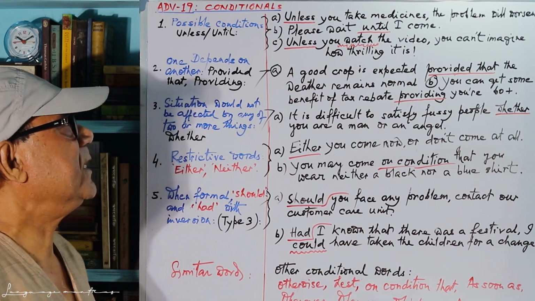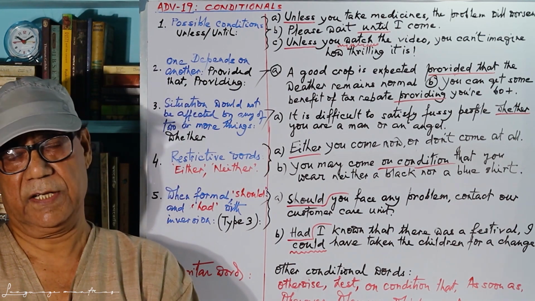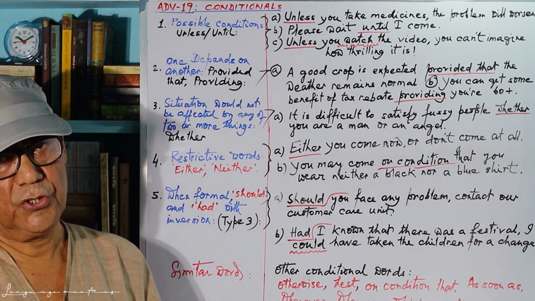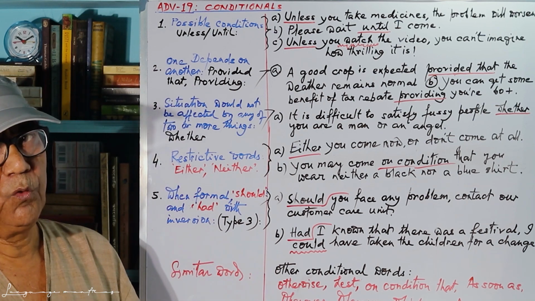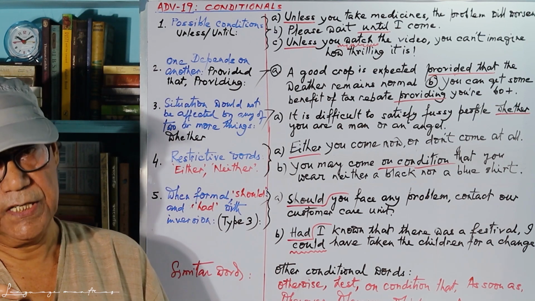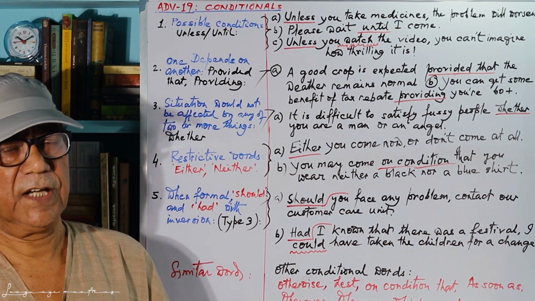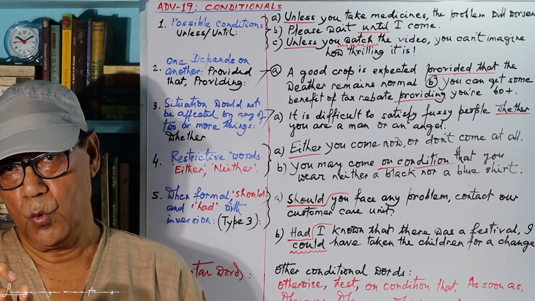Example: unless you take medicines, the problem will worsen. Unless you take medicine, this is the conditional clause, that means subordinate clause. The problem will worsen, this is the principal clause, in the simple future tense. So it looks very much like type 1.